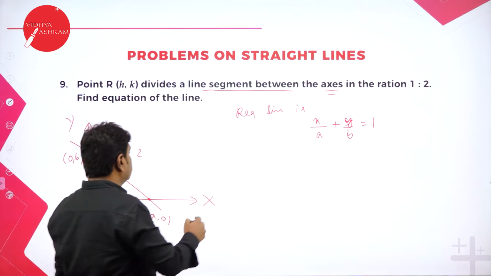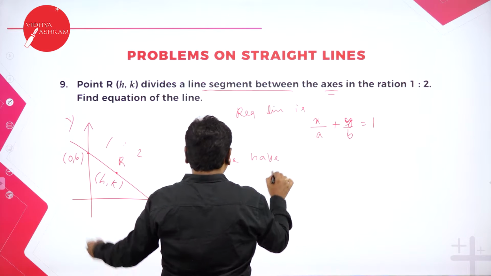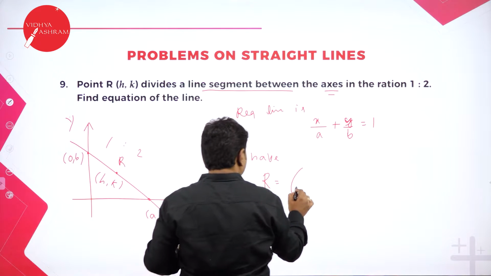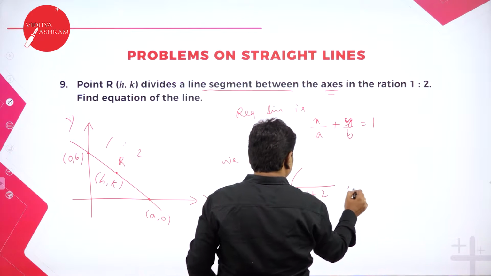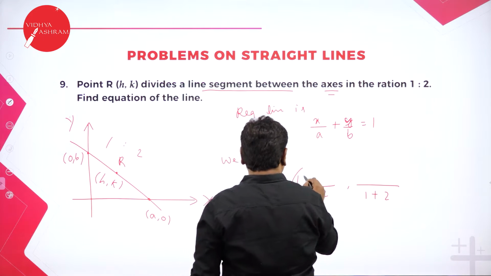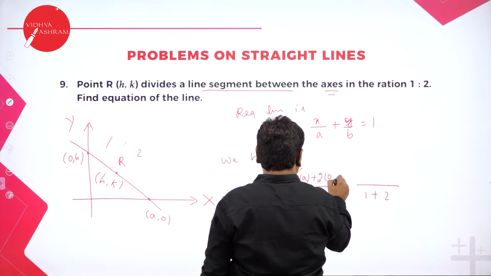What is the hint? If you see the board, we have R. R is the point of division that divides in the ratio 1:2. So in the denominator we'll have 1 plus 2, here also we'll have 1 plus 2. So 1 into a plus 2 into 0.